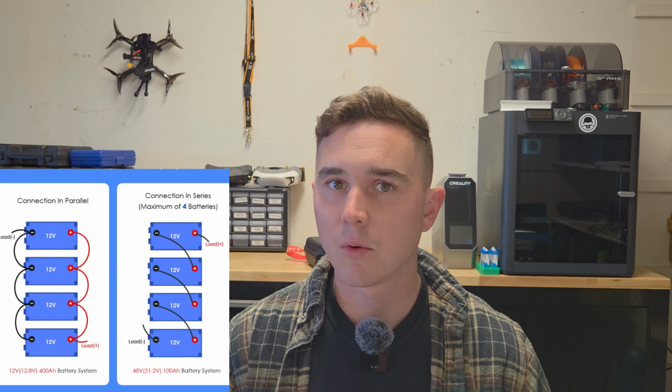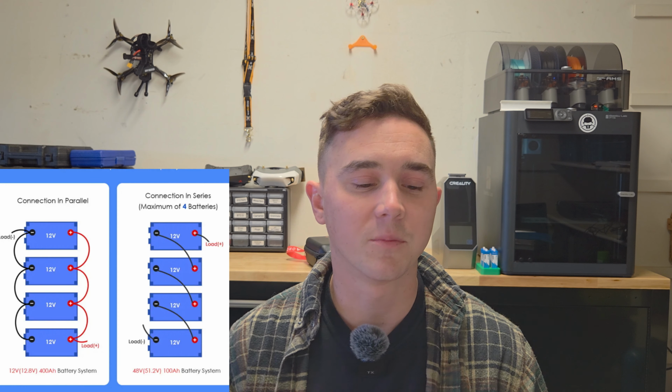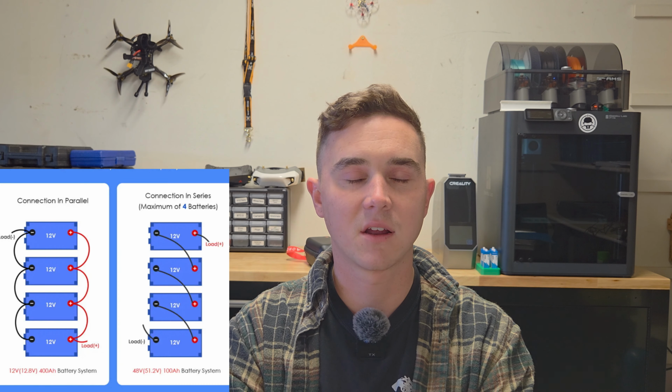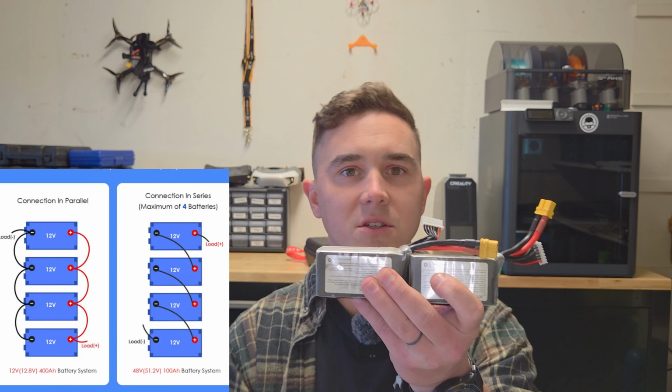You may have heard the term parallel or series. Okay, generally speaking, with high milliamp hour batteries, you're going to have some in parallel. The way parallel works, which there's an image on your screen kind of showing you a picture of it, is that they're paired together, but instead of increasing the voltage, I've increased the total milliamp hour.